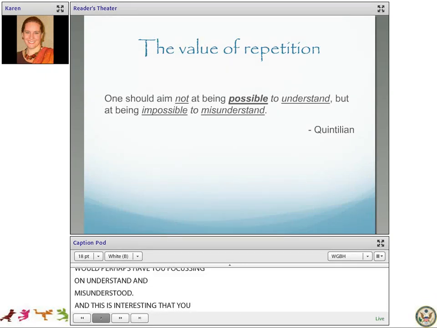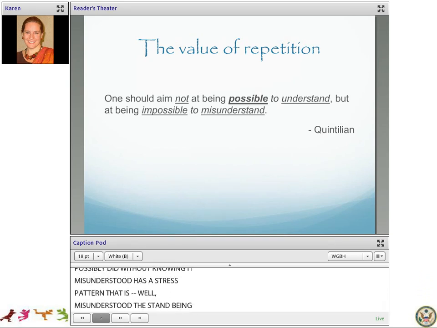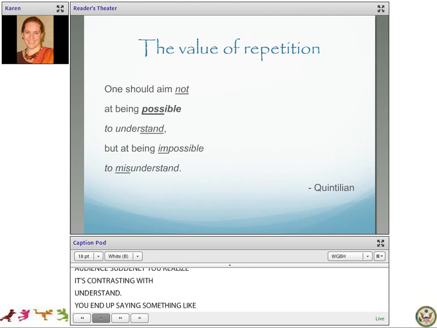Well, misunderstand, with stand being the stressed syllable. But in a phrase like this, reading it aloud for the delivery of an audience, suddenly you realize that it's contrasting with understand. And so you end up saying something like this. One should aim not at being possible to understand, but impossible to misunderstand. Okay.